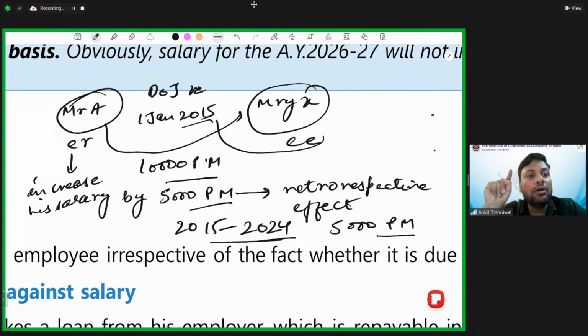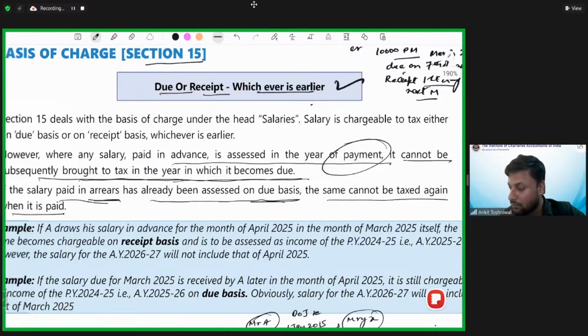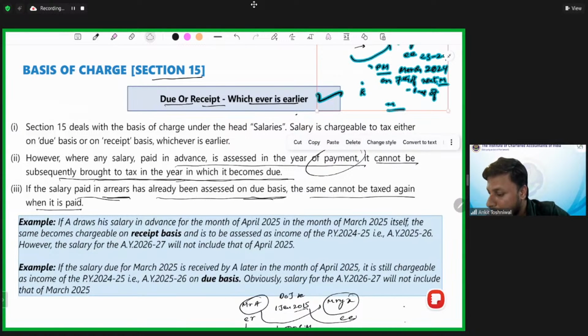That's why we will tax it on receipt basis. So if arrear is not taxed on due basis, then it will be taxed on receipt basis. Got my point? Now it is clear. It is clear now? Okay, great.